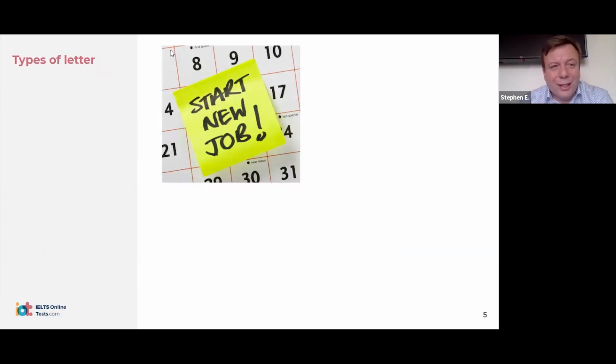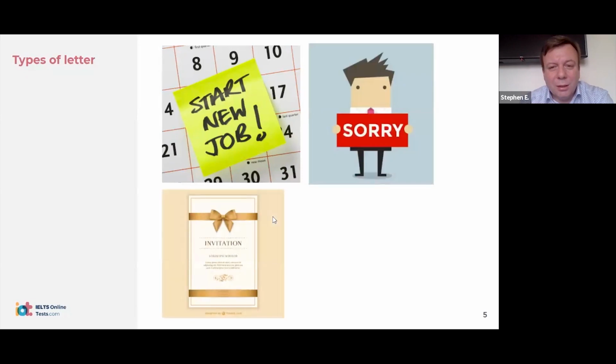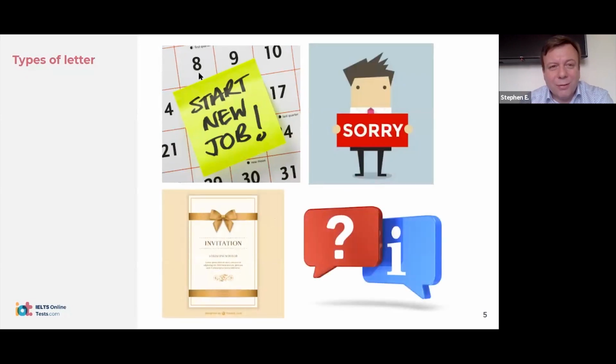So think about what you'd be doing there. I'll just tap on these. So the first one, what might that be? Good. What about the second picture at the top?